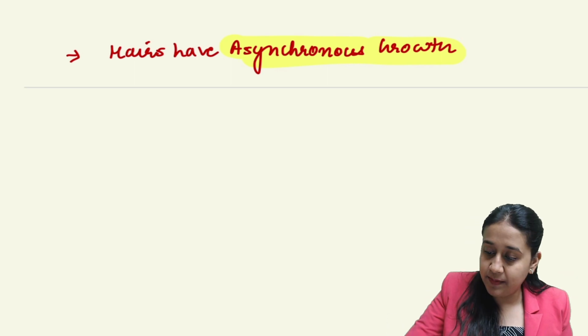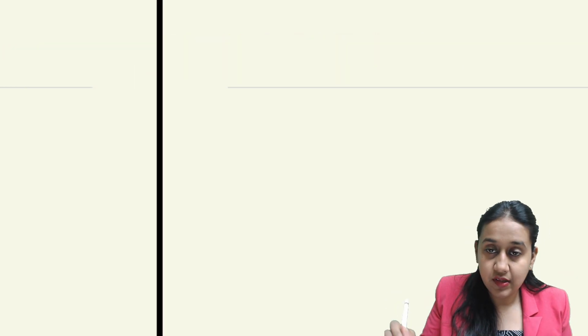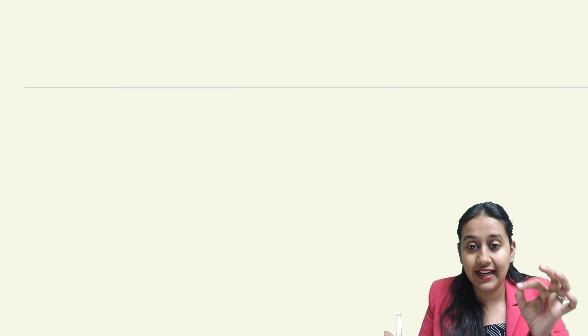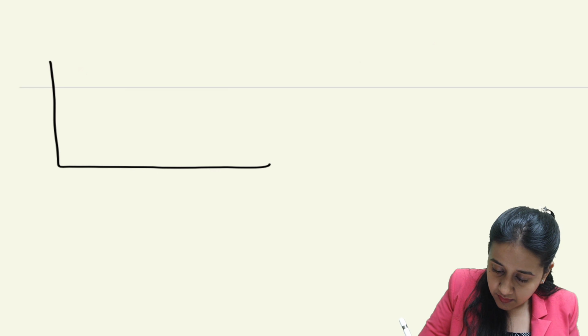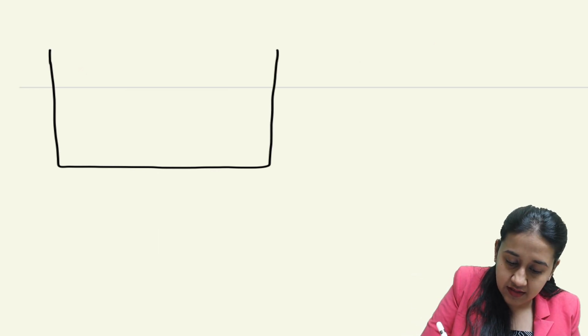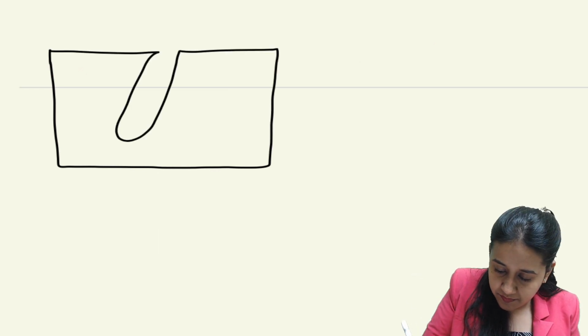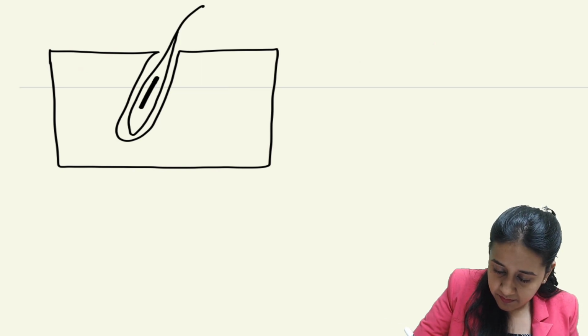Now, below the attachment of the erector pili muscle, so we have discussed that this is the hair, the vertical section of the hair.